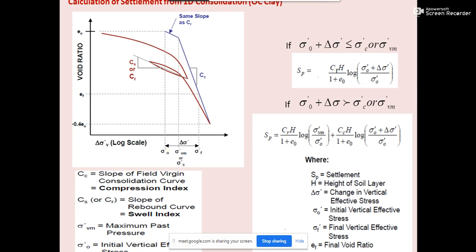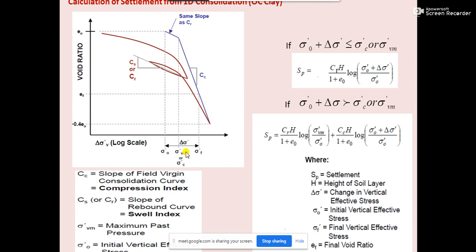And what is your over consolidation pressure? It is the maximum past pressure, and that maximum past pressure is sigma Vm. So it is somewhere here, sigma Vm. For over consolidated clay, this sigma naught dash will be lesser than this sigma Vm, because sigma Vm is your pre-consolidation pressure.